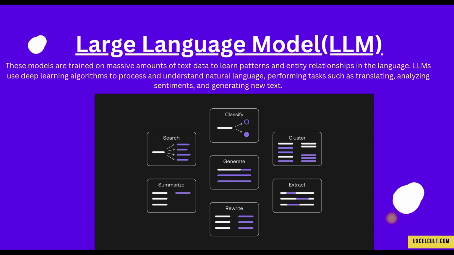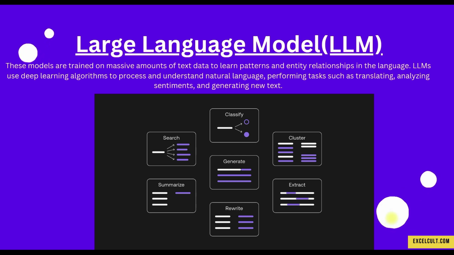Now these LLMs are available in the market and we can directly use them through APIs to get our tasks done, like translating text from one language to another, analyzing sentiments, and even generating new text which you cannot find over the internet.